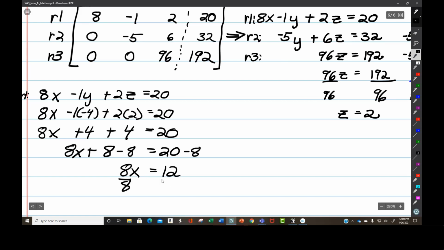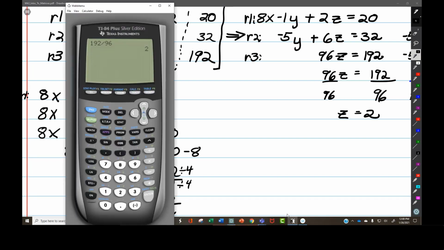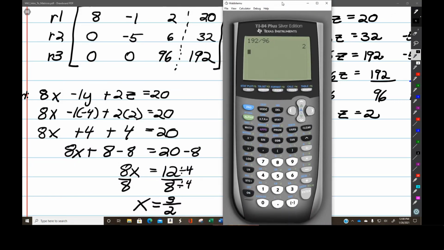Divide by 8. So x is going to equal 12 over 8; 4 goes into both of these, so I can divide both by 4, or I can do it in the calculator. That'll be 3/2. In the calculator, I would say 12 divided by 8, math, frac, enter.